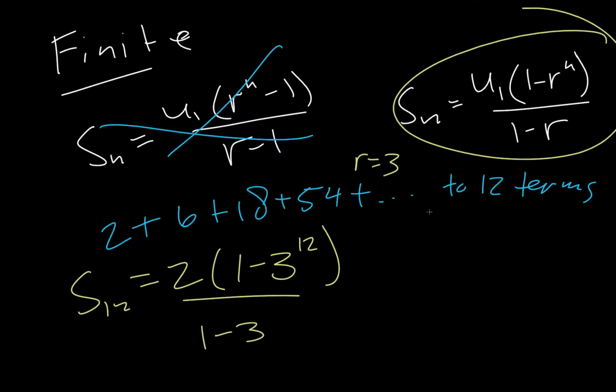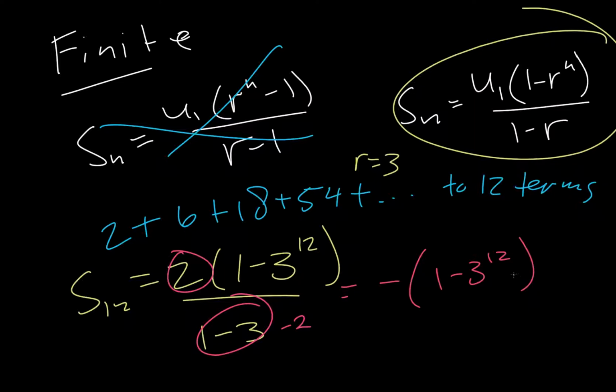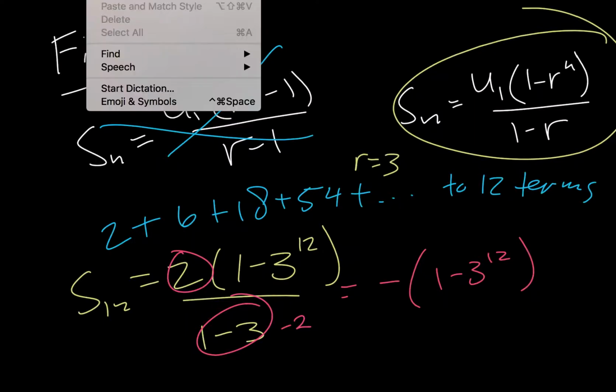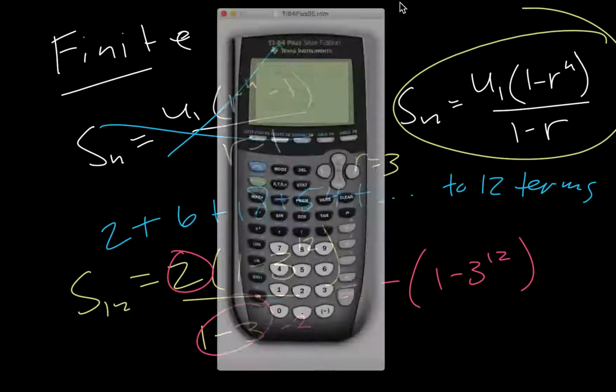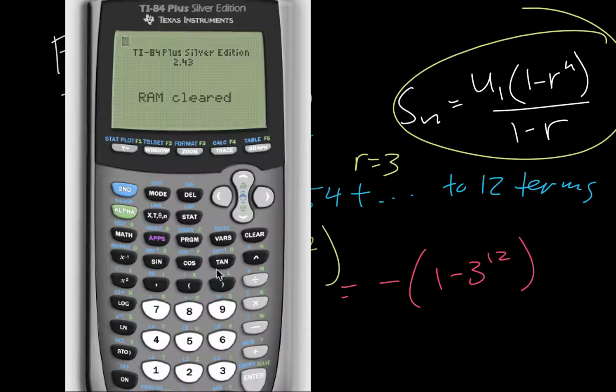Okay, we do some simplification. So this and this will cancel and leave a negative, because this is really just -2. We'll bring the negative up top: 1 minus 3 to the 12, like that. And I am just going to use a calculator for this. So I'm going to do negative sign, parenthesis, 1 minus 3 raised to the 12.